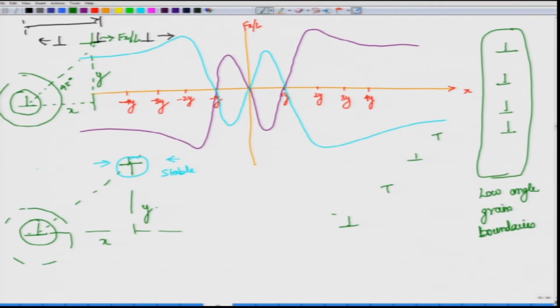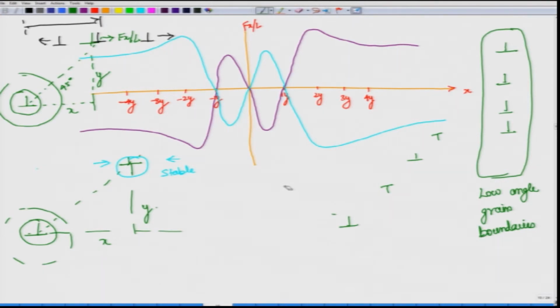Similarly, you can also derive the relation for what will happen if you have screw dislocations. If you have one screw dislocation and another screw dislocation, the configuration would be similar, and the force field values will be similar, only the absolute magnitude would be a little different. Actually, let me correct that, there will be a little different kind of forces, because the terms in the tensor matrix are very different for screw dislocations.